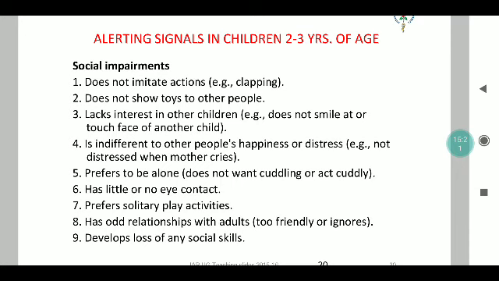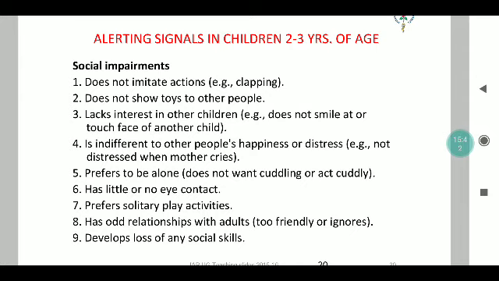Now, when I say alerting signals in children between the age group of 2 to 3, the social impairments which are alert signs are failure to imitate actions such as clapping, does not show toys to others, lack of interest in playing with other children, indifferent to people's emotion. Example, when the mother cries, it is a natural response for the child to cry.